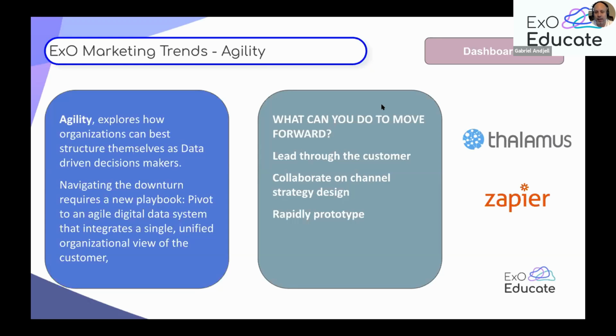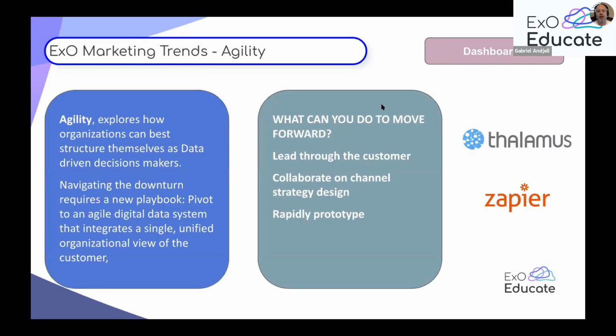It's very friendly and accessible. And Thalamus is another tool that we can use to have an integrated perspective of our marketing actions, what's happening on social media, what's happening with our points of contact in our stores, what's happening with our customer service representatives.